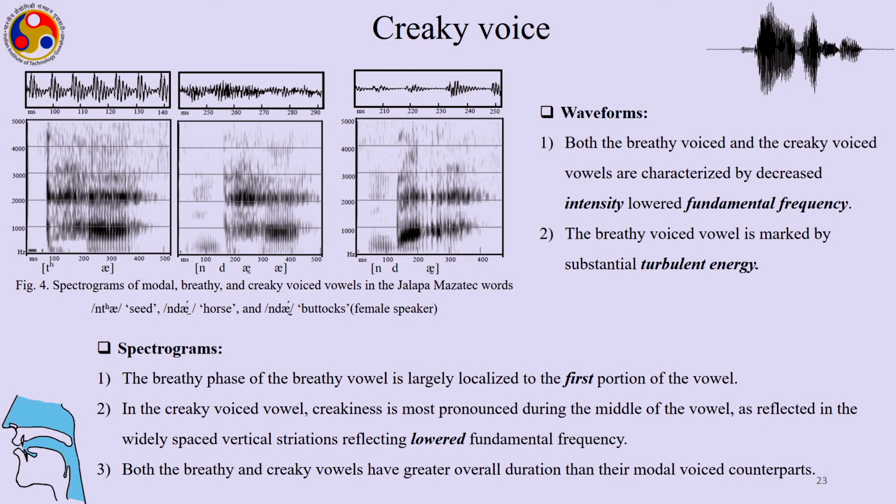And in the creaky voice also, creakiness is pronounced during the middle part of the vowel. We can see it here as reflected in the widely spaced vertical striations reflecting lowered fundamental frequency. So, the lowered fundamental frequency and irregularly spaced vertical striations are the common properties of creaky voice.